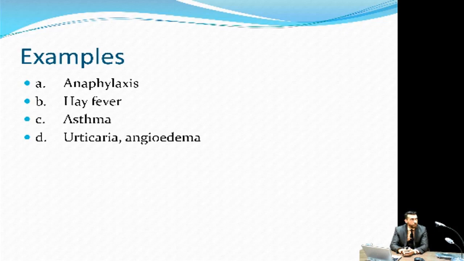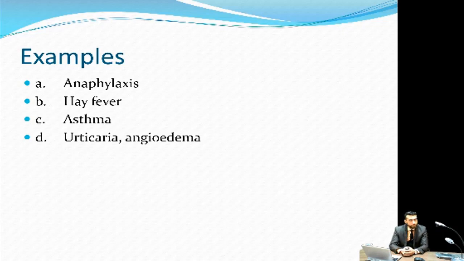Another example of type 1 hypersensitivity is hay fever. Patients with hay fever suffer from a congested nose and conjunctiva, and stinging sensations of the palate due to type 1 hypersensitivity.